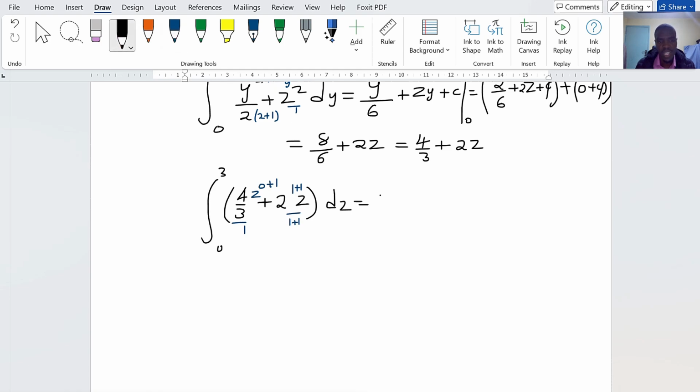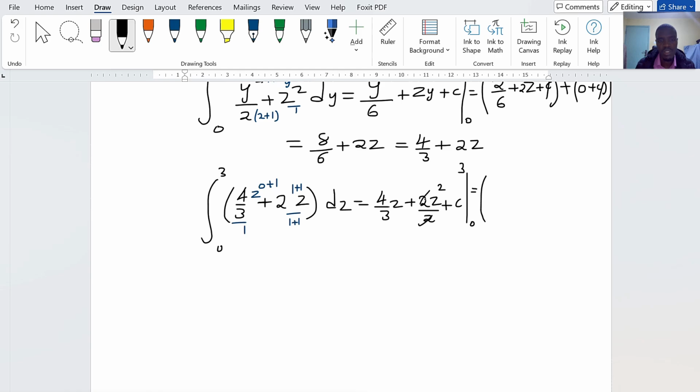When you play around that, you get 4 over 3 z plus 2 z squared over 2 plus c, then integrating from 0 to 3, which will be the upper bound.